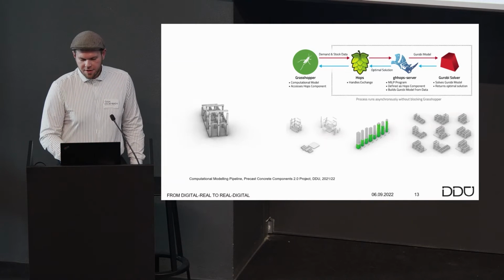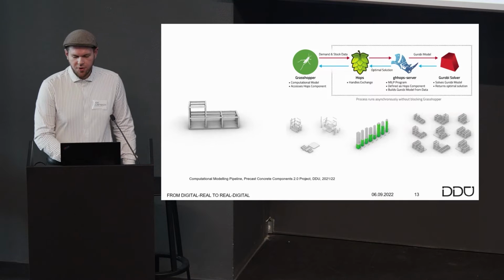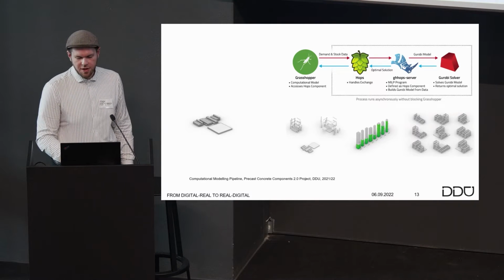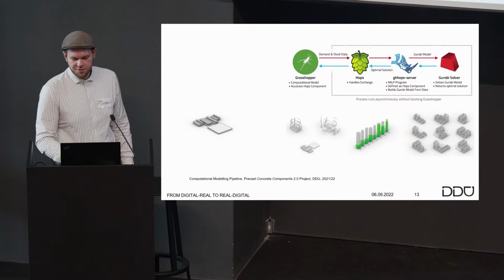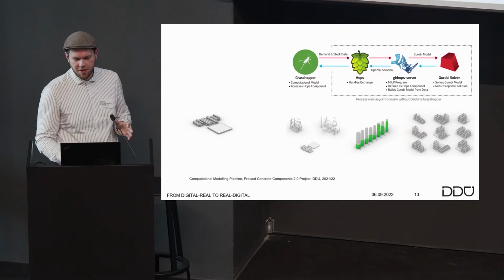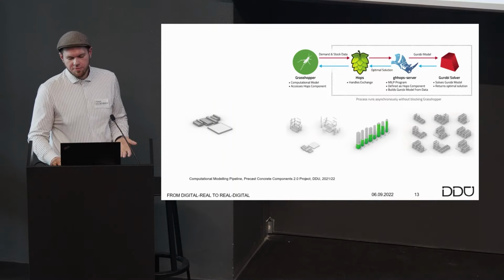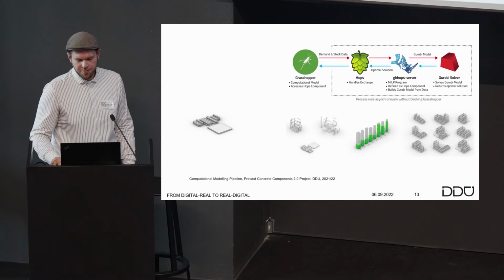And by using the popular CAD software Rhino and Grasshopper and even extending it, we are able to identify matching components from our repository based on a given design input. I won't explain the whole pipeline here in detail, but of course I'll give an overview and you're welcome to ask about more details later.